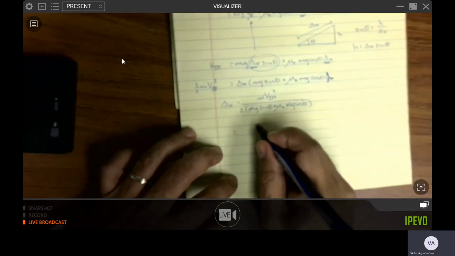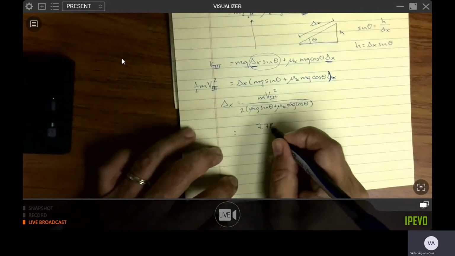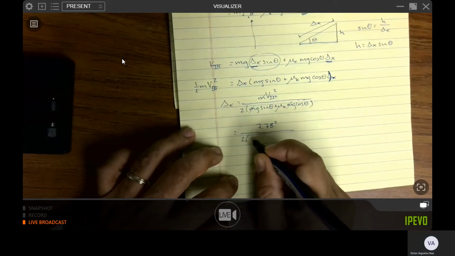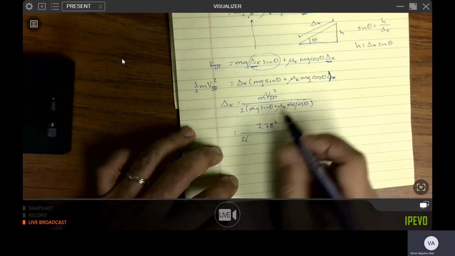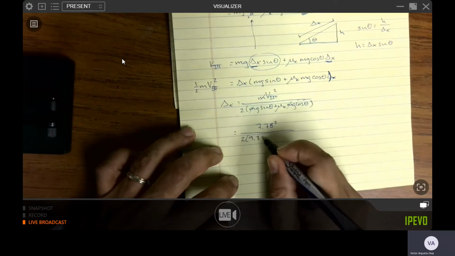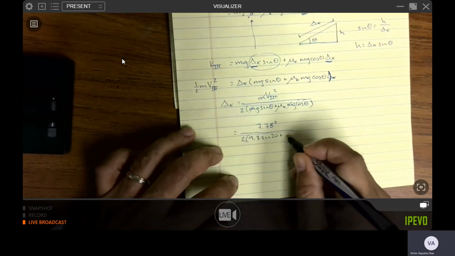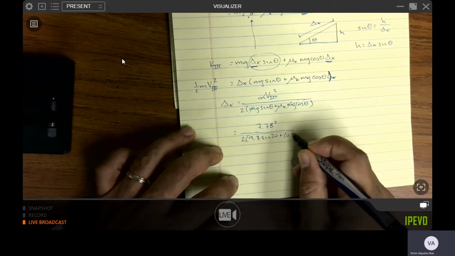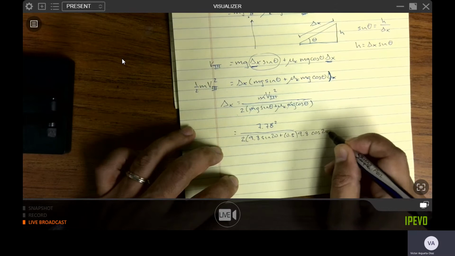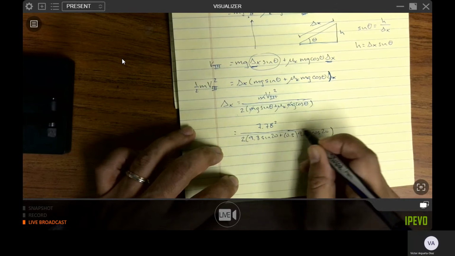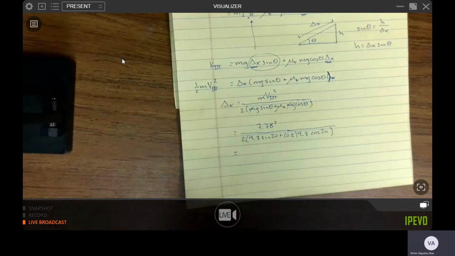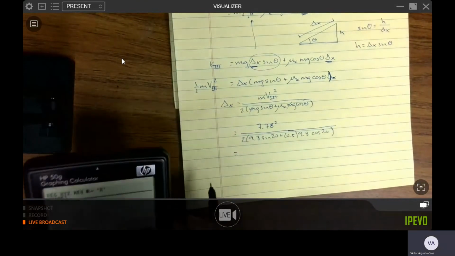So here we have 7.78 meters squared over 2. You can also factor out the g, but I'm going to leave it like that. Sine of 20 plus mu k 0.5 times 9.8 cosine of 20. And then we can find the solution.